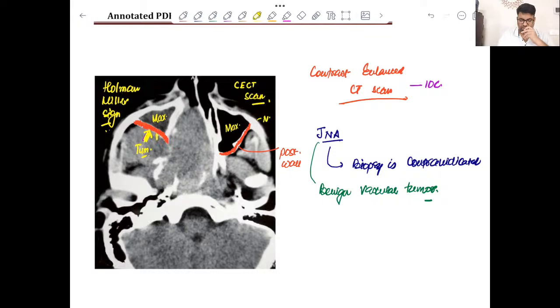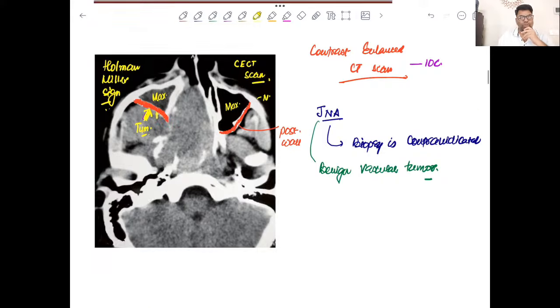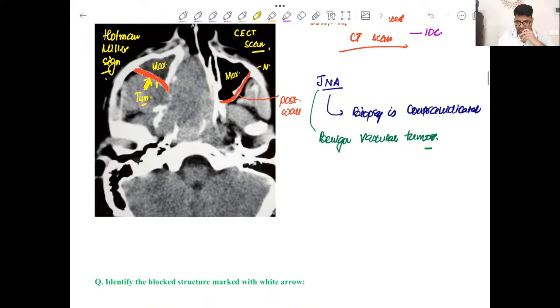This is the difference, and this is the explanation for the Holman-Miller sign. Got it? So contrast enhanced CT scan, never do biopsy, Holman-Miller sign, where the posterior wall of the maxillary sinus is pushed forward and therefore appears concave towards the tumor. So this is the summary for the imaging method for juvenile nasopharyngeal angiofibroma.